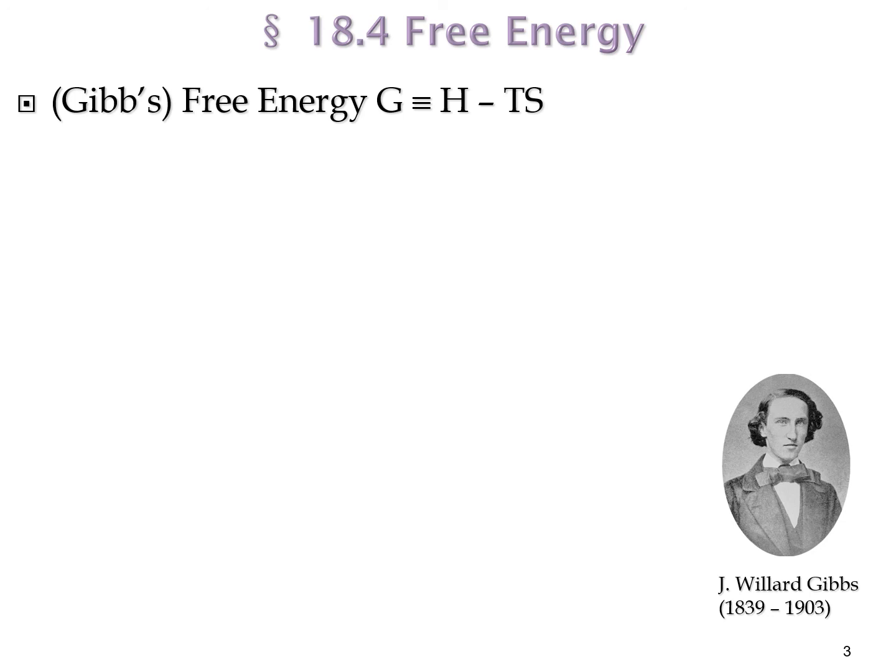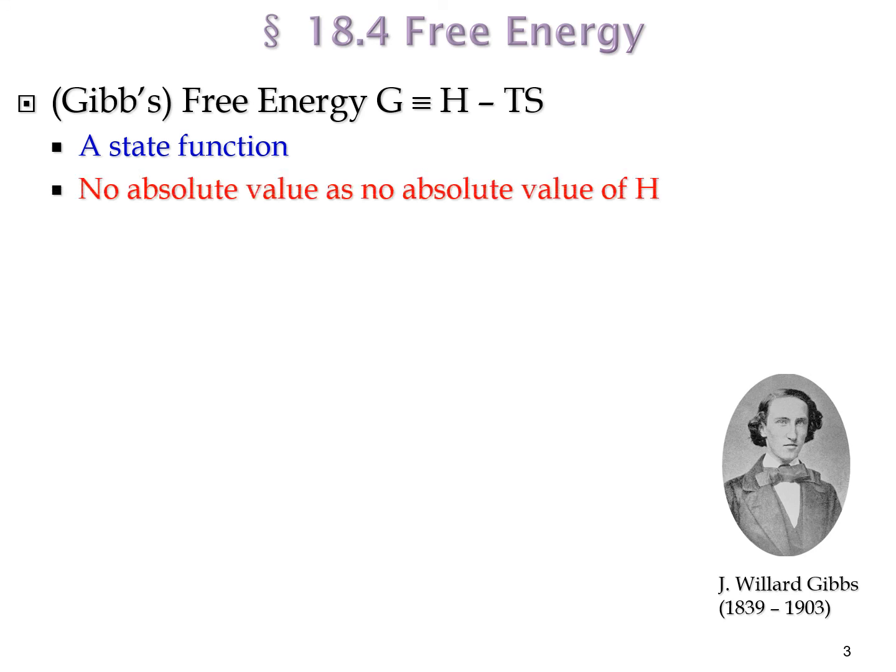Beautiful and simple mathematical equation explains some complicated physics phenomena. G, the free energy, is a state function, as I already said, which is why we put a capitalized G to represent it. Remember, for thermochemistry, if we have a function that is a state function, the symbol must be capitalized, or must be in uppercase. Just like H, its component, G does not have an absolute value either.